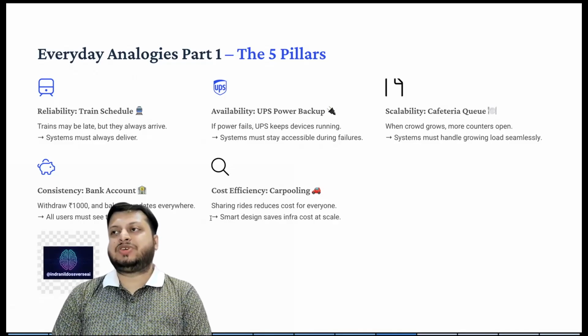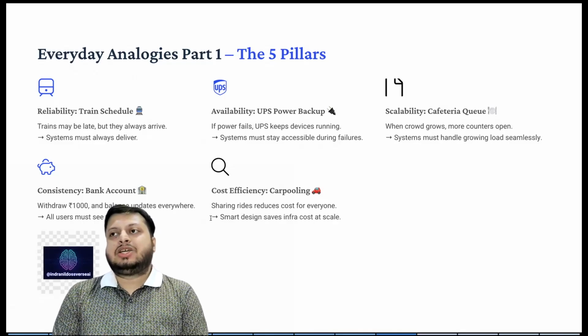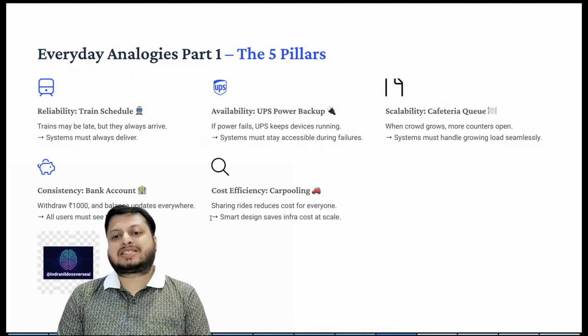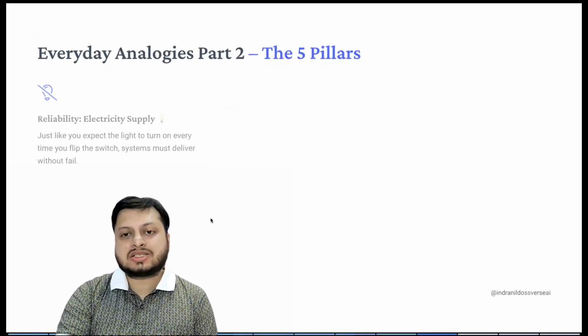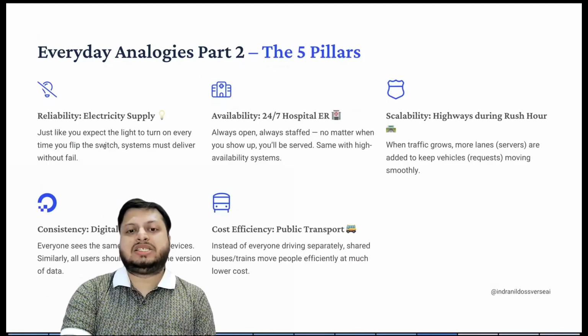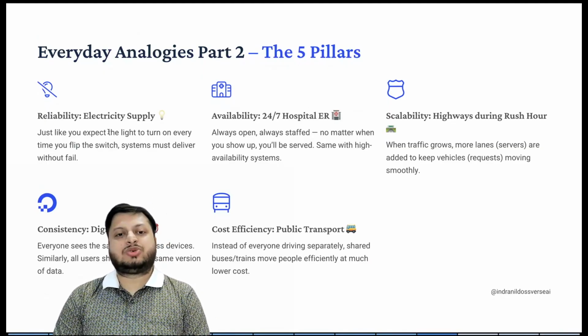Carpooling, cost efficiency. Let's say you are traveling by Uber. If you do carpooling, your cost reduces. So that's the analogy to cost efficiency. Some more examples would be reliability, electricity supply, where you are expected to get power every time you flip the switch.